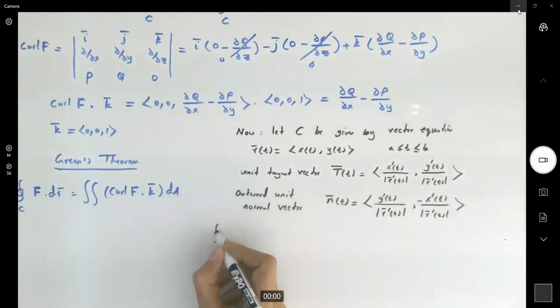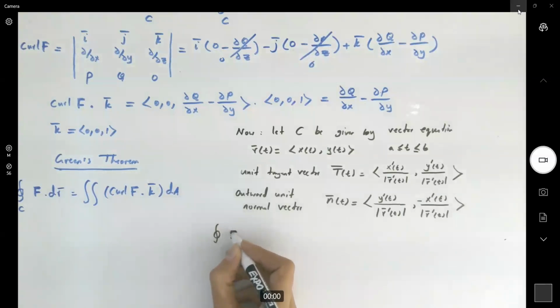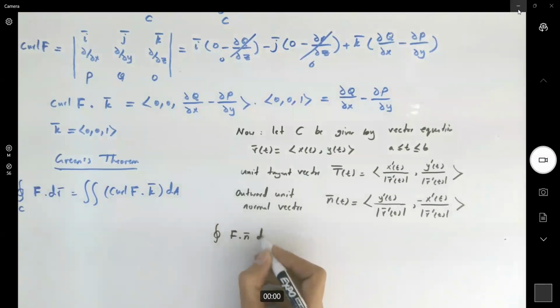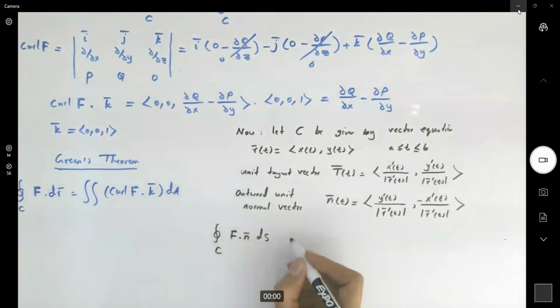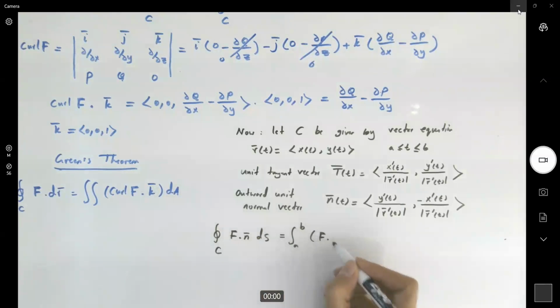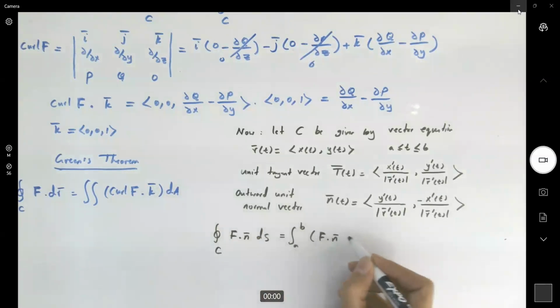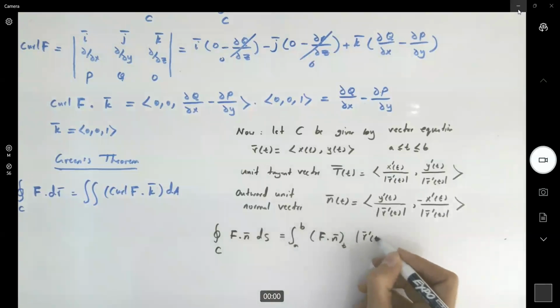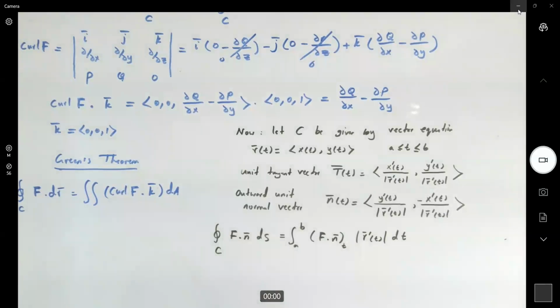The line integral of F dot n ds over curve C is equal to the integral from a to b of F dot n, with variable t, so let's just write variable t down here to avoid any confusion, times the length of r prime dt. Okay. Very good.